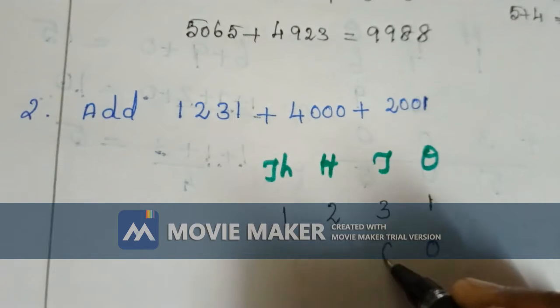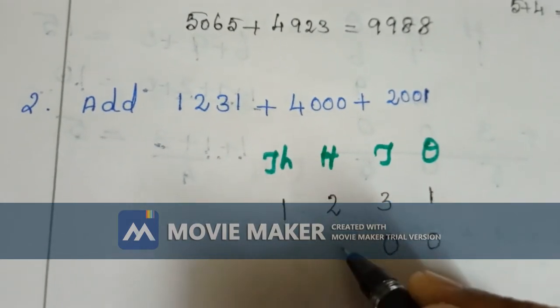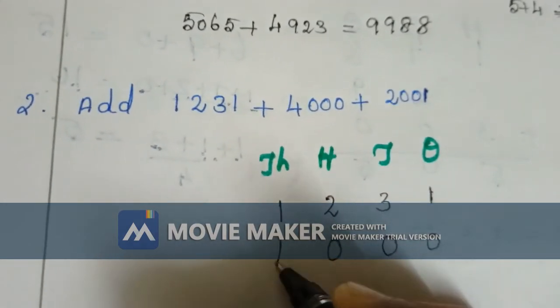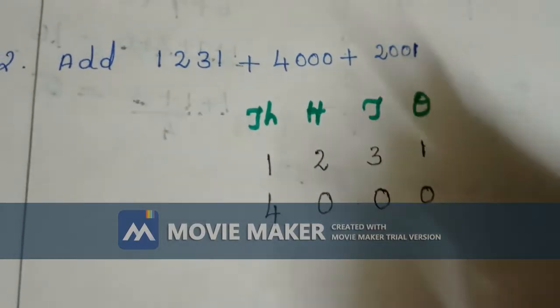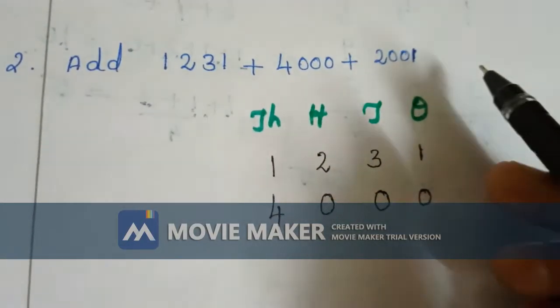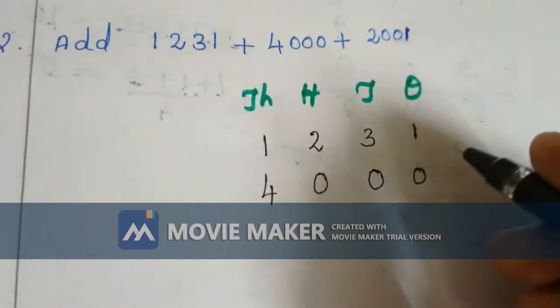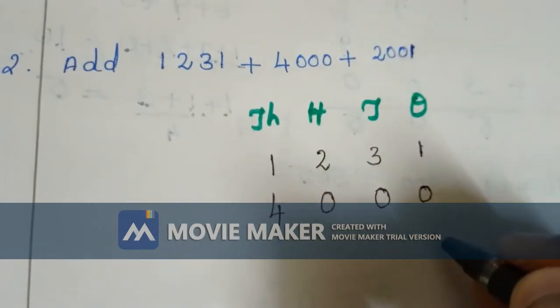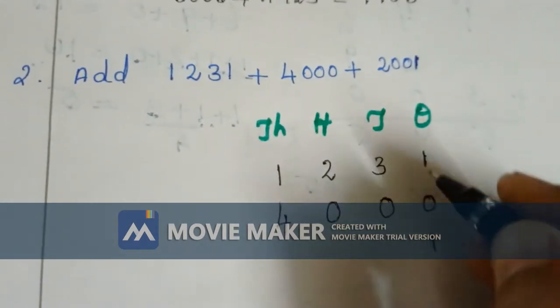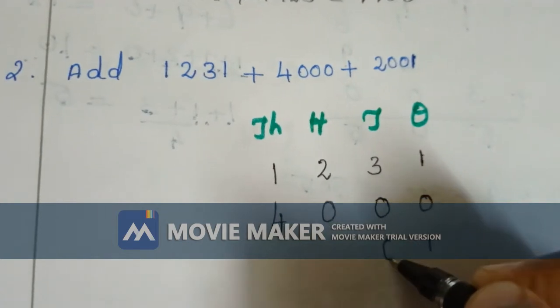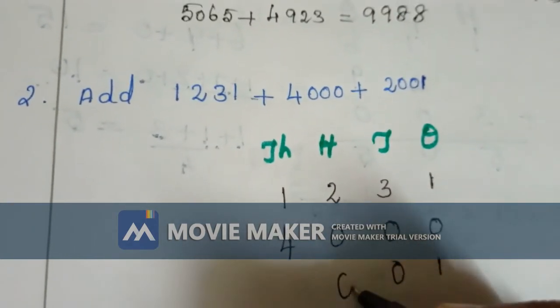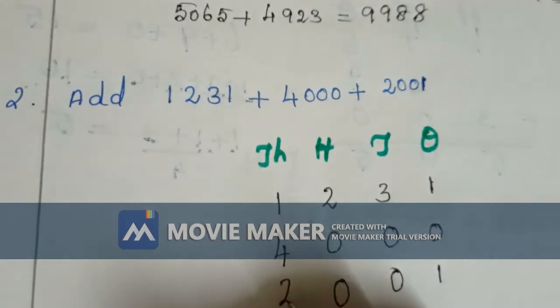And how many tens? 0 tens. And 0 hundreds and 4000. For the last number 2001, how many ones? Yes, 1 one. How many tens? 0 tens, 0 hundreds and 2000.